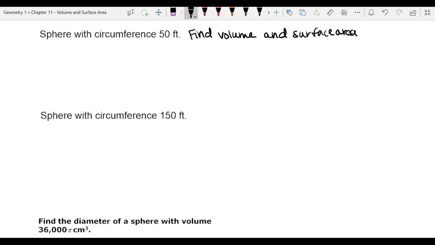So the first thing you have to do here is set your circumference equal to your circumference formula. So you're going to do 50 equals 2 pi r.